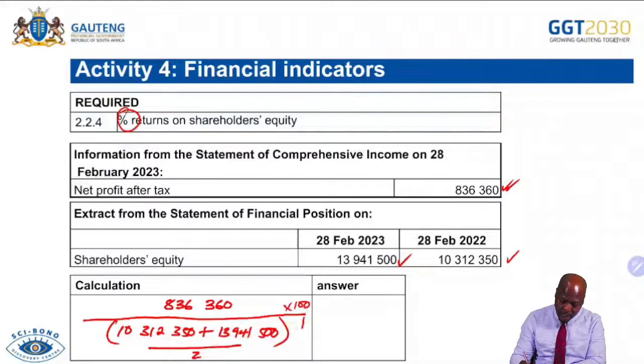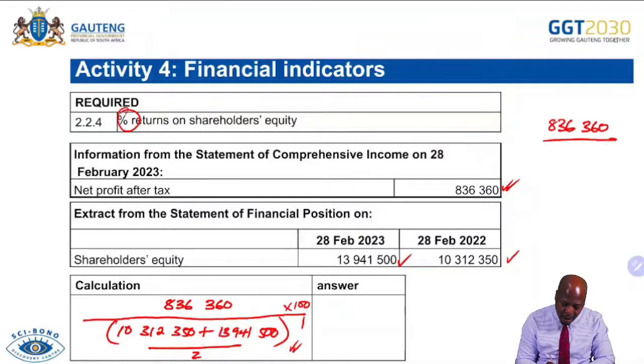And therefore, if you punch this, someone would have solved this bottom part, whereby they would end up with 836,360. Then they would have divided by the average of 10 million and the 13 million, which is still going to be your 12,126,925.